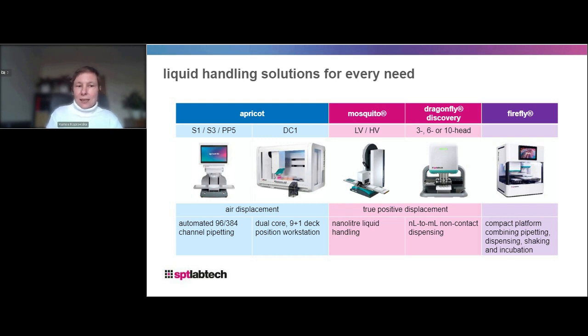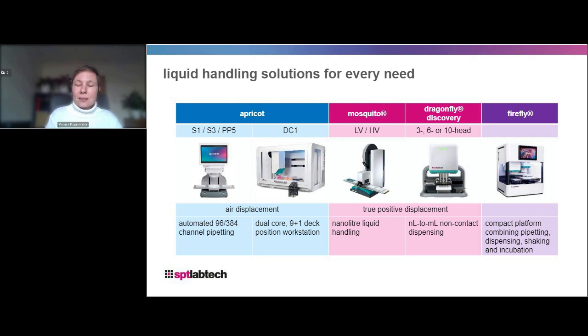They use the classical air displacement to transfer the liquids, and they find their way in NGS labs, either for the simple reformatting of the plates or supporting slightly more complex solutions. We also have Mosquito and Dragonfly Discovery, already mentioned by Quentin and Richard. These are unique instruments that use true positive displacement technology to deliver low volumes of reagents or samples.